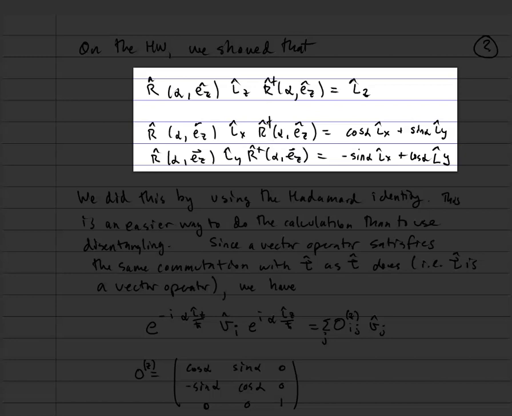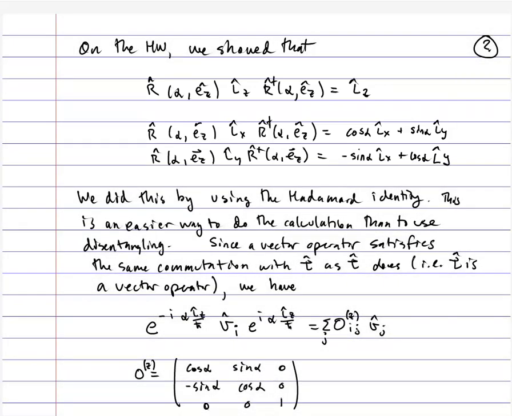If you remember, this was done with a Hadamard identity that did not truncate, but it got into a repeating pattern, and we could then recognize that we had the power series for the cosines and the sines in the respective places, and we can actually just sum that series and get the full transformation of these operators.